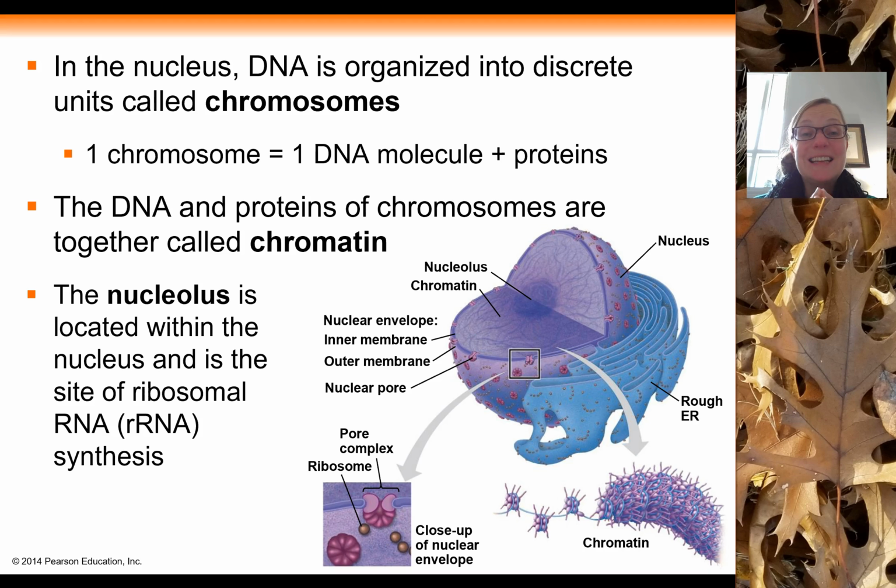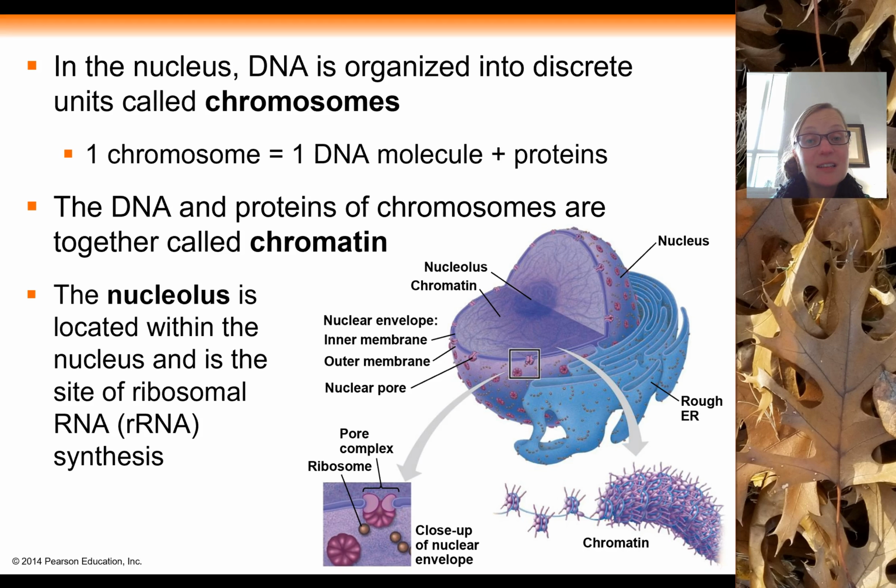Apart from having DNA inside the nucleus, we also have a structure that's called the nucleolus. Very close in spelling to the nucleus. Make sure you know the difference between the two. The nucleolus is a dense region shown here that's a little bit darker in this purple nucleus. This is a specific part of the nucleus that's important for making a special kind of RNA. So we talked about RNAs back in chapter 5.